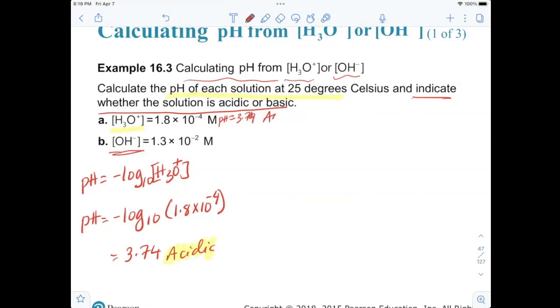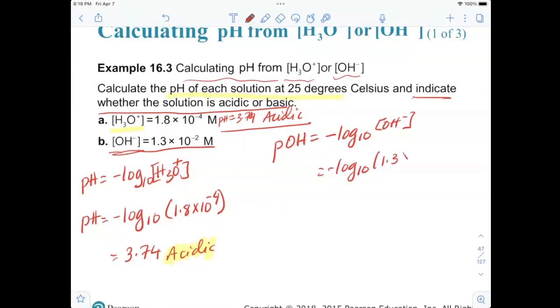I can plug the OH directly into the pOH formula. So I'm going to do negative log base 10 of the OH minus. I do have the OH minus concentration right here, so I'm going to use negative log base 10 of 1.3 times 10 power negative 2.